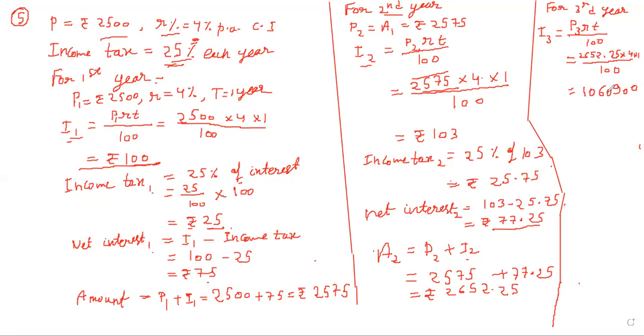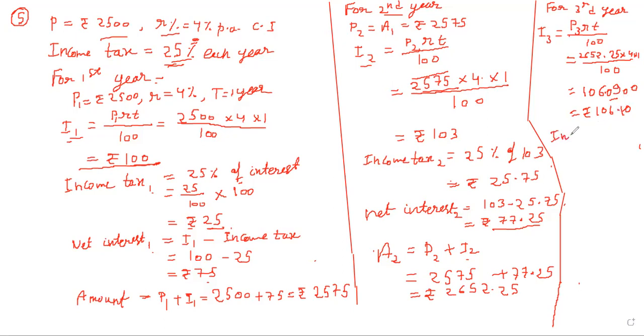And there will be four digits after the decimal. So the interest this time is rupees 106.09. If we convert it to the nearest rupee, it will be 106.10, or you can give 106.09 also.